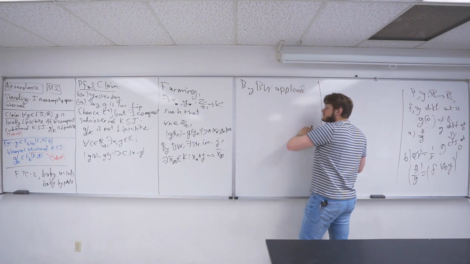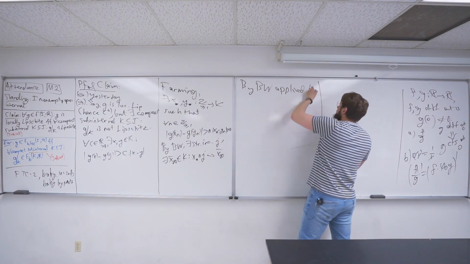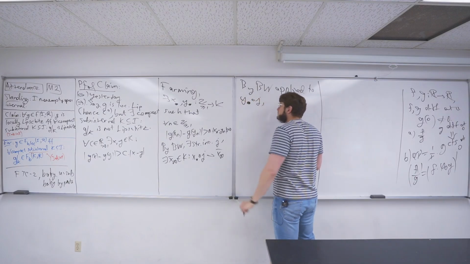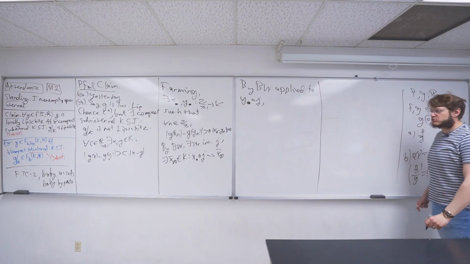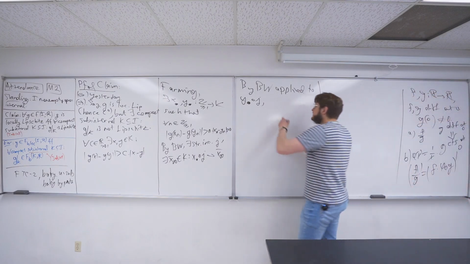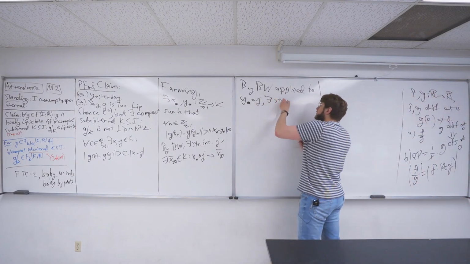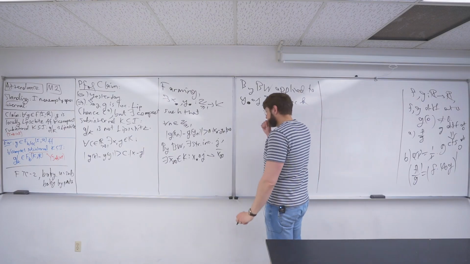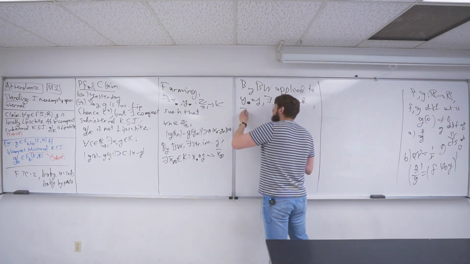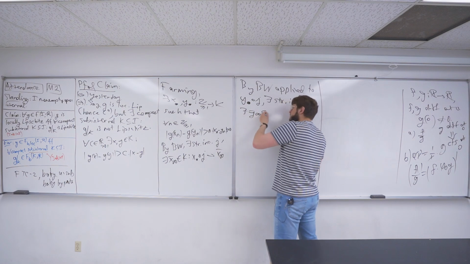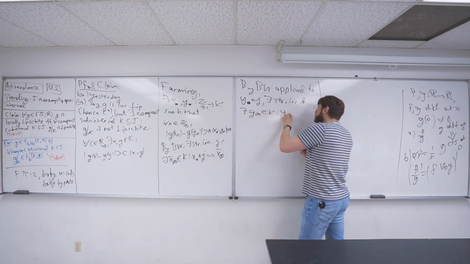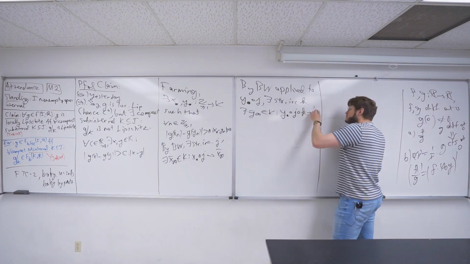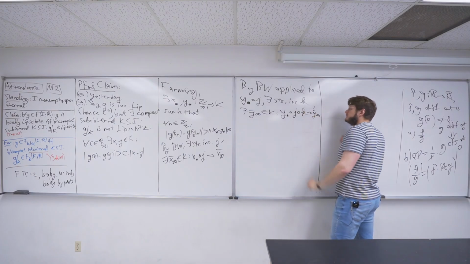By Bolzano-Weierstrass applied to y bullet composed with j, this itself has a subsequence that converges. There's another strictly increasing function k of positive integers and some limit point y infinity bar in K such that y bullet composed with j composed with k converges to y infinity bar.